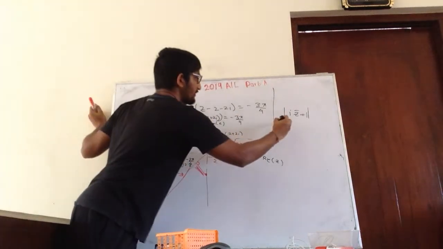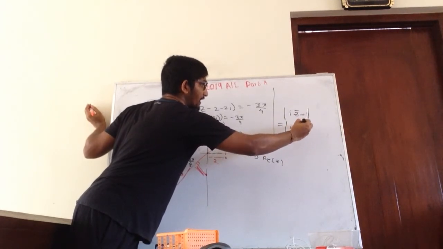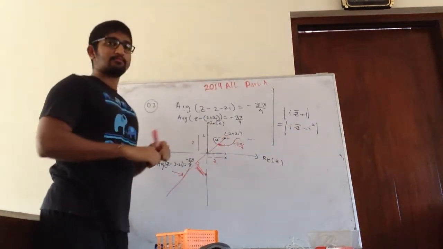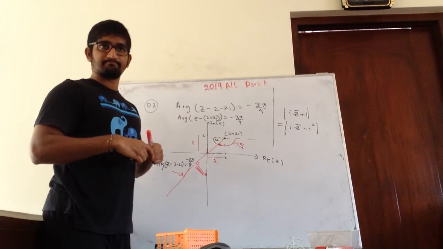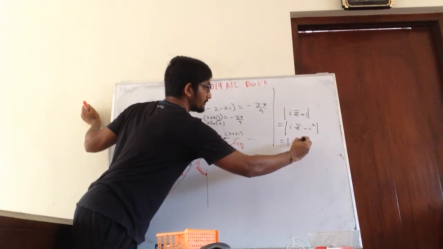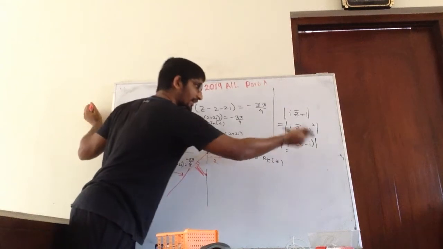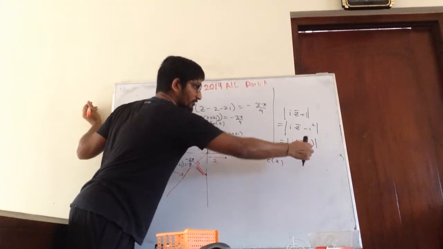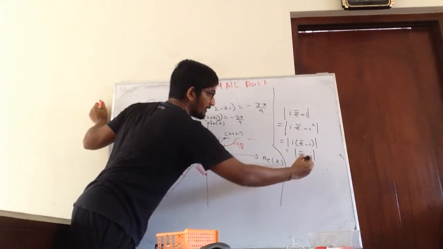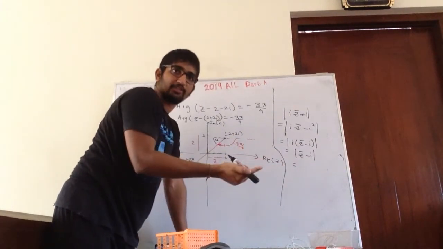So now if I evaluate this, I am going to take i z bar, then I am going to write 1 as i square minus i square. No problem. Then I am going to take i out, then z bar minus i. So now I can take only this part because modulus z bar minus i, I can take the whole modulus here and then replace this minus with a positive.